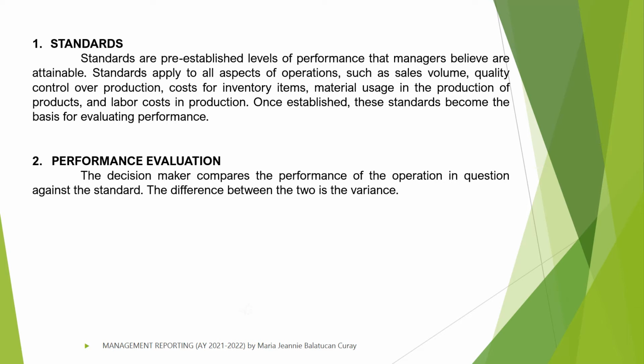So if your actual price is greater than the standard, that results to unfavorable price variance. Why? Because it will contribute to a higher product per unit cost. But if the actual price is less than the standard, the variance is favorable.